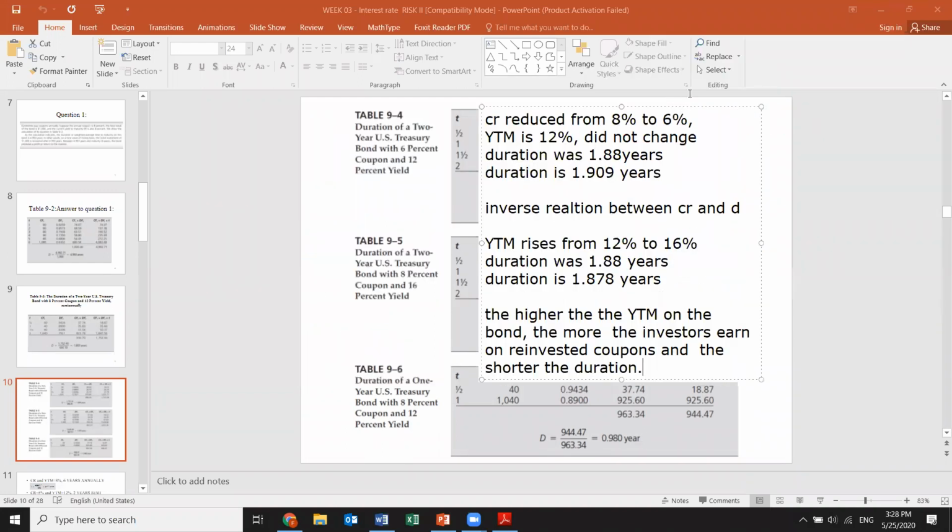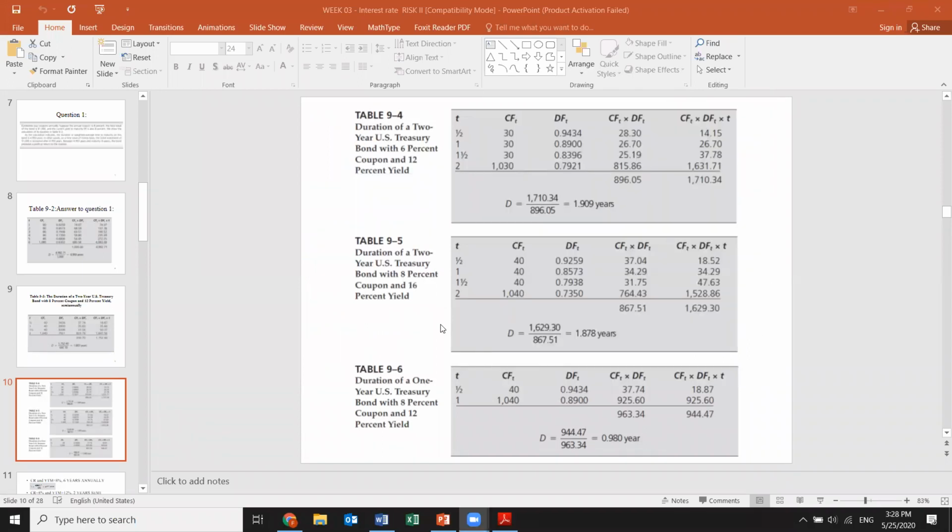Okay, let me save it. With the last question, we can see the duration of the 1 year US Treasury bond with 8% coupon and 12% yield. So what happens? If you reduce the number of periods of the prepayment, that will reduce the duration.